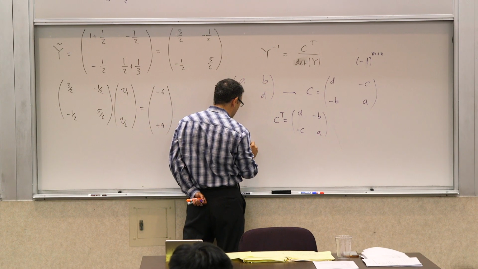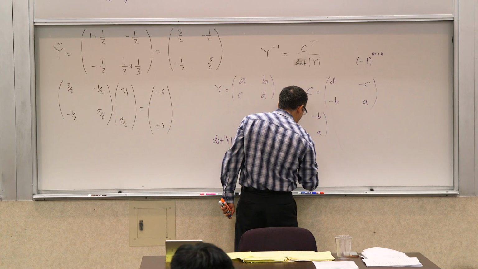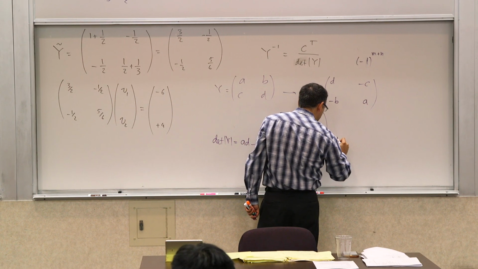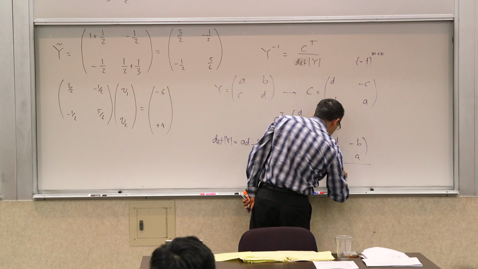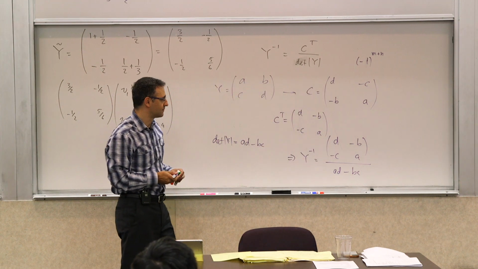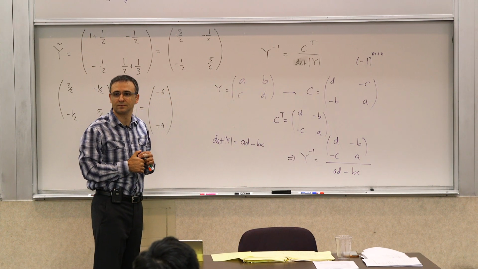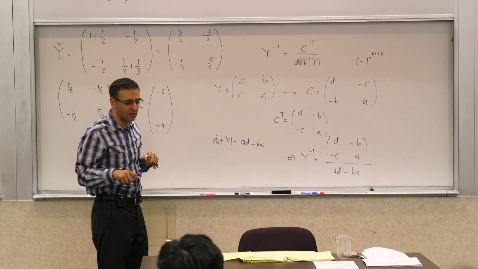AD minus BC, right? So then, therefore, Y inverse is going to be D, negative B, negative C, A, divided by AD minus BC. Right? So that's the algorithm applied directly.